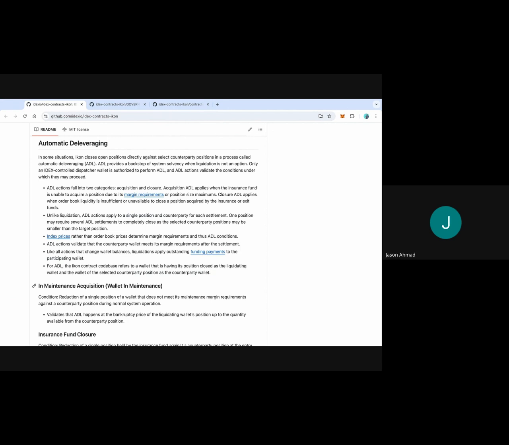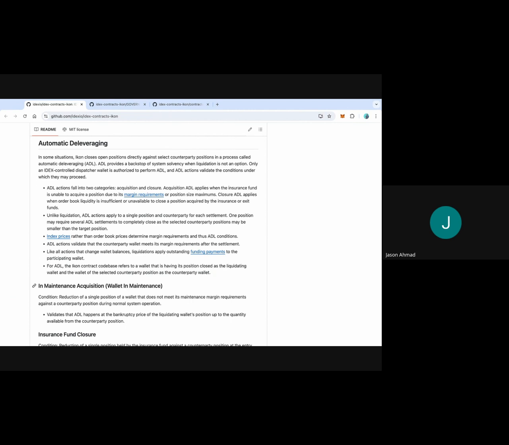Similarly, deleveraging is a process that happens in two different approaches. One, there's a concept of an insurance fund. The insurance fund cannot acquire a position because it lacks the resources to do so. Or two, if it cannot close a position for whatever reason due to insufficient liquidity or any other condition.